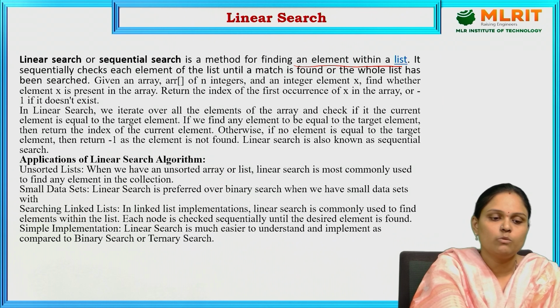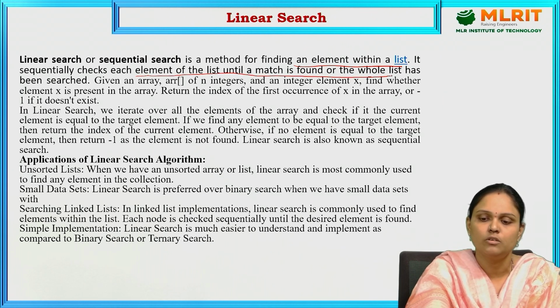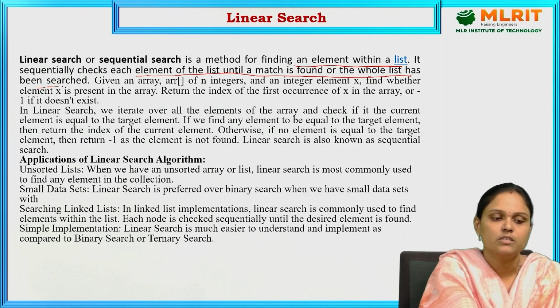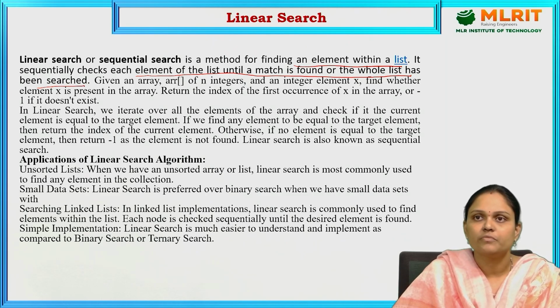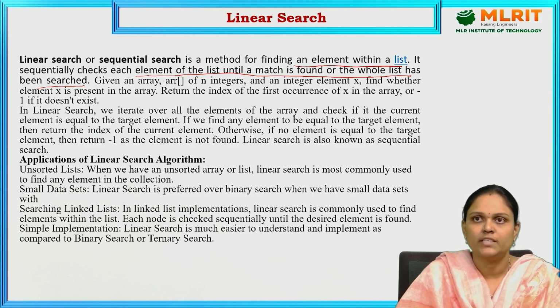It sequentially checks each element of the list until a match is found or the whole list has been searched. Consider you are taking an array. An array is nothing but a collection of multiple elements, which we already discussed. It consists of multiple data elements: multiple integer values, float values, or character values.